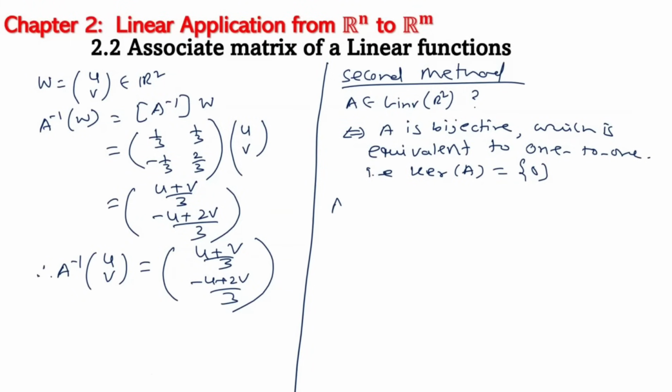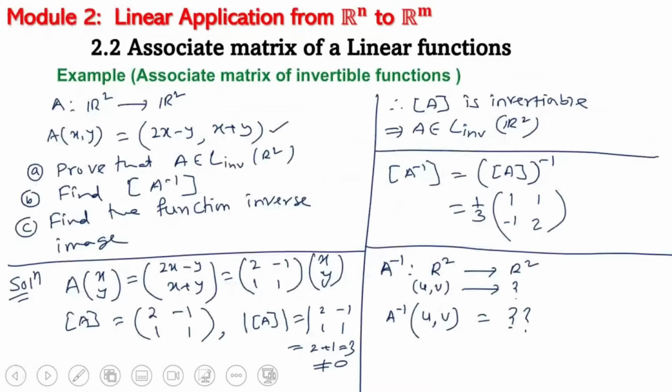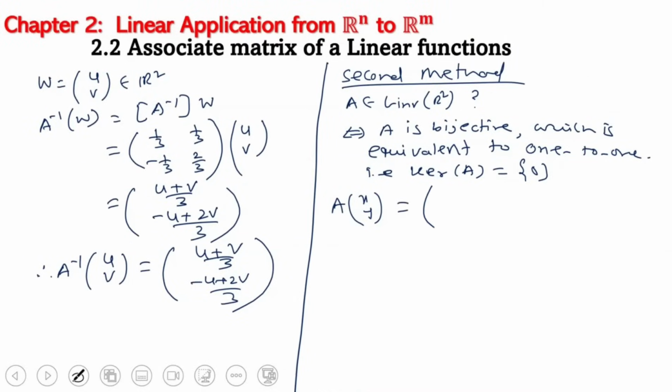Okay, now again we recall what A is. Let's go back and check it. A(x, y) is equal to (2x minus y, x plus y). So 2x minus y, x plus y.